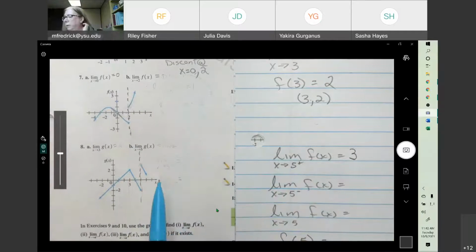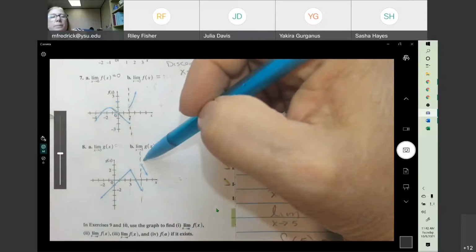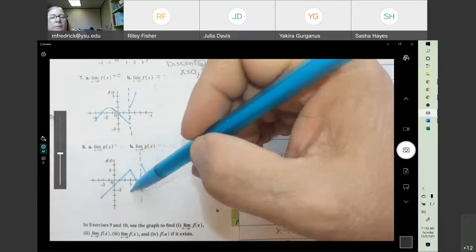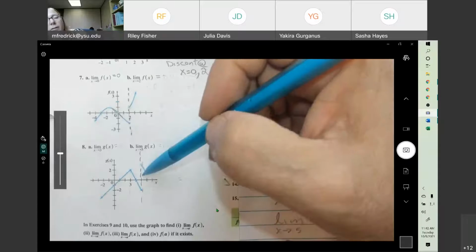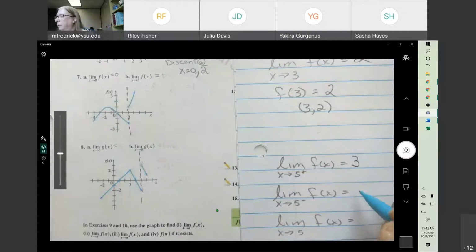The reason it's -2, we want to go to the left, and so that would be over here, which brings us down here at the -2. And so this one's going up to 3, but this left side is going down to -2. And you will use those points. But so it would be -2. Are there any questions on that?